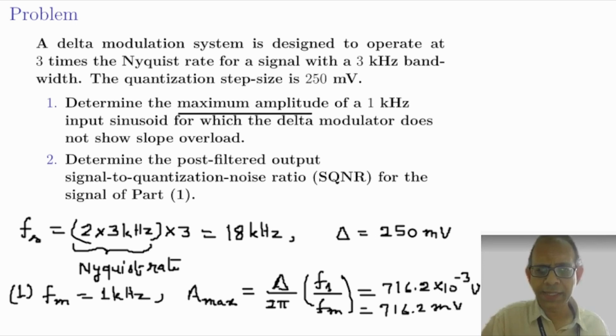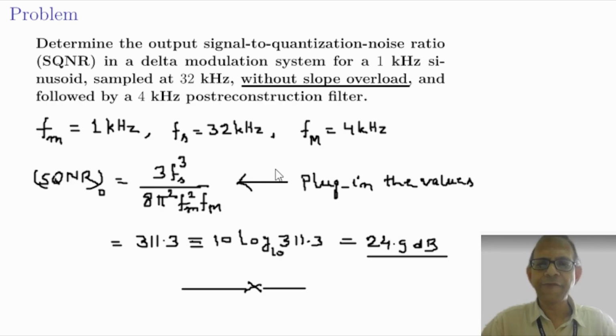Let us now look at the second part. Determine the post-filtered output SQNR for the signal of part 1. Now in this problem, the cutoff frequency of the reconstruction filter is not given, and we know that if the cutoff frequency F sub capital M is not given, we can consider it to be equal to F sub small m.